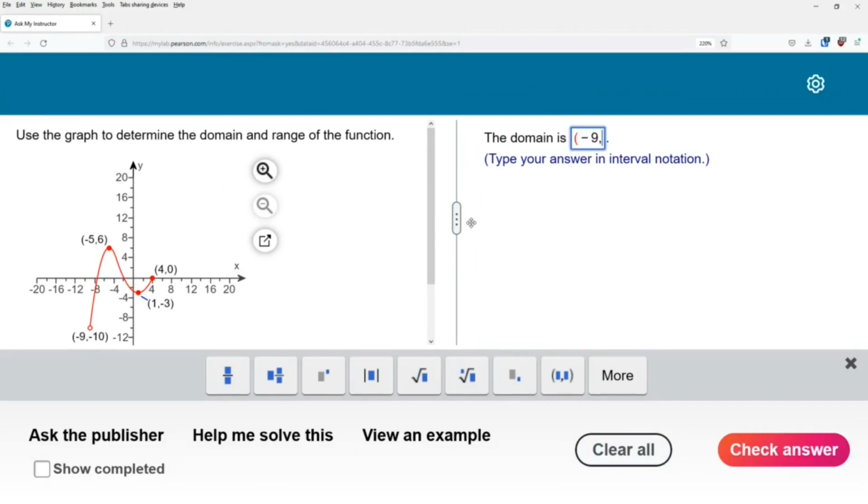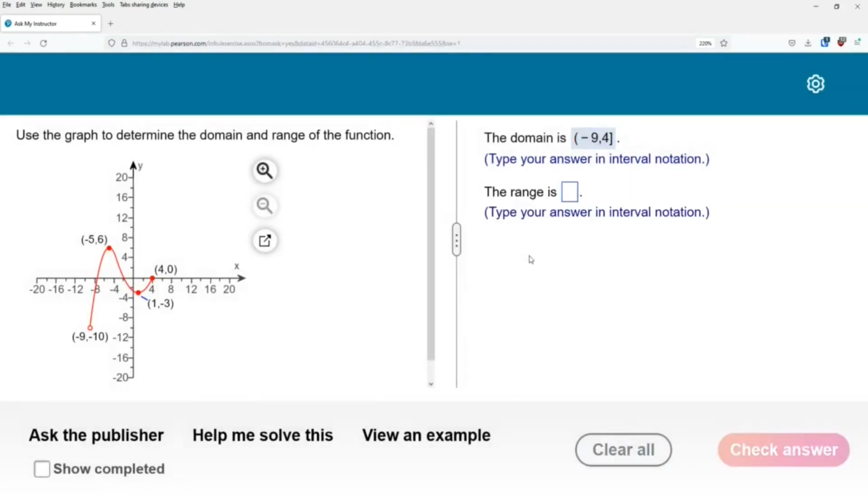Then I'll do a comma. And the domain continues until 4. I'm going to use a bracket because this is an included circle, a closed circle, and I'm using the keyboard to type the bracket, and we've got that one correct.